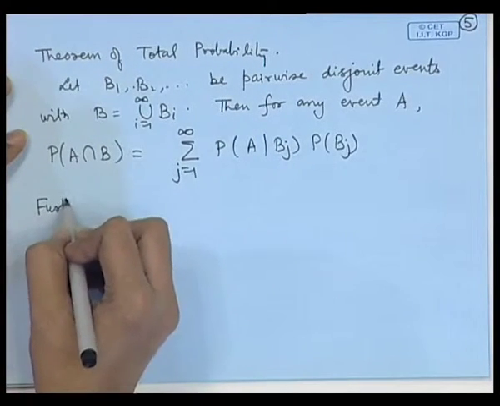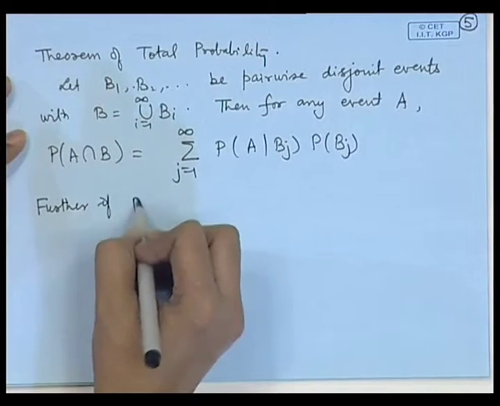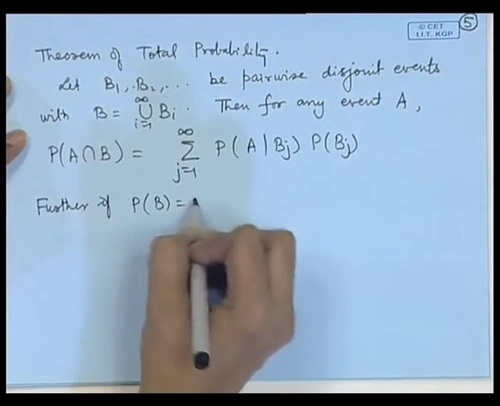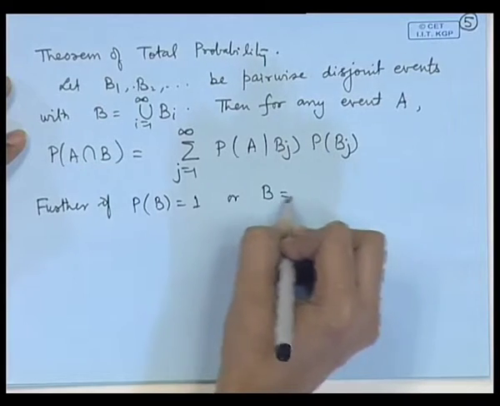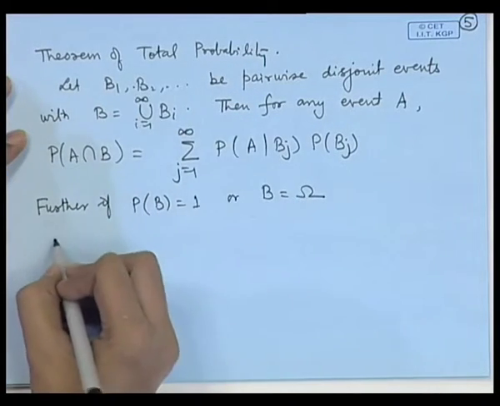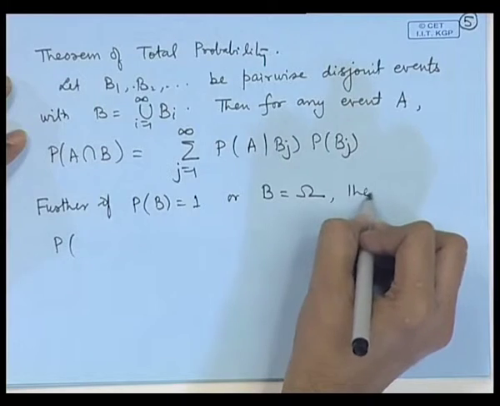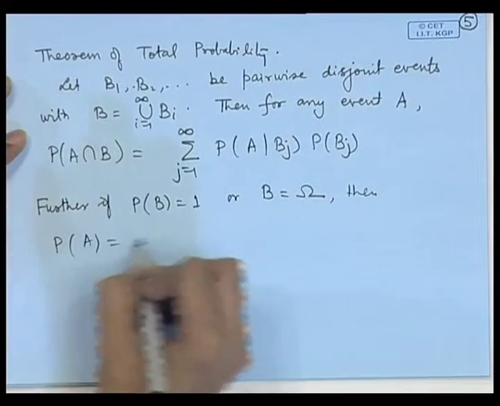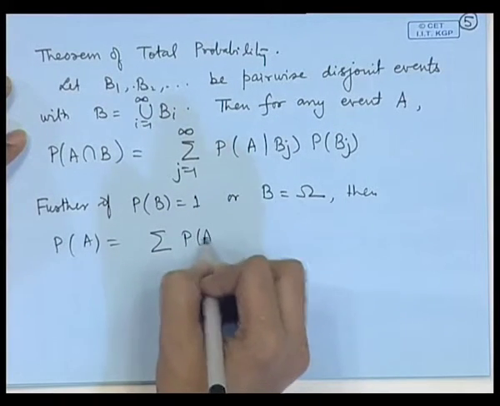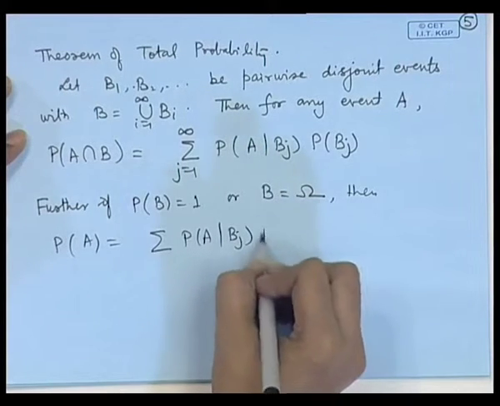Further, if probability of B is equal to 1, or say B is equal to omega, then probability of A is equal to sigma probability of A given B_j into probability of B_j.